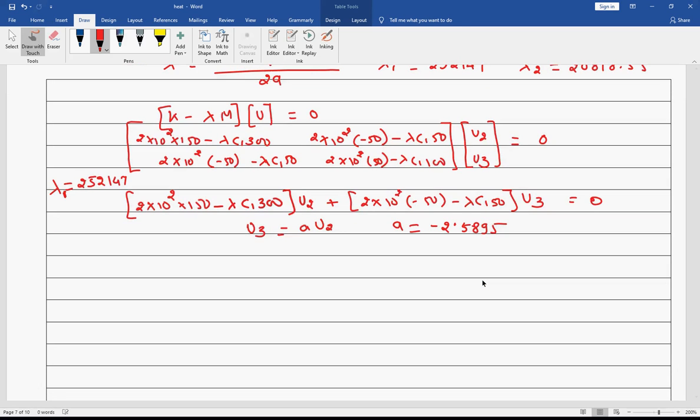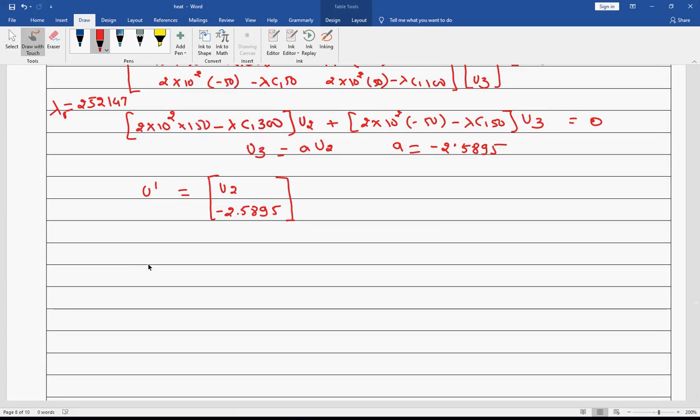Assuming these values are correct, I can write my first u1 vector as u2, and I got a, so minus 2.5895 u2. So this is my u1 vector which I got.